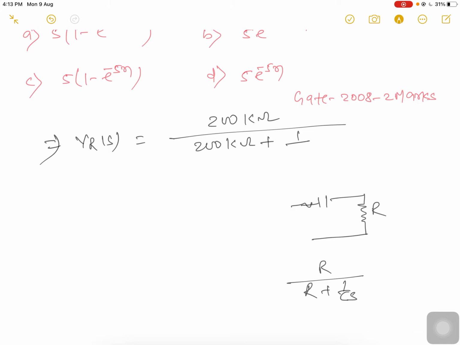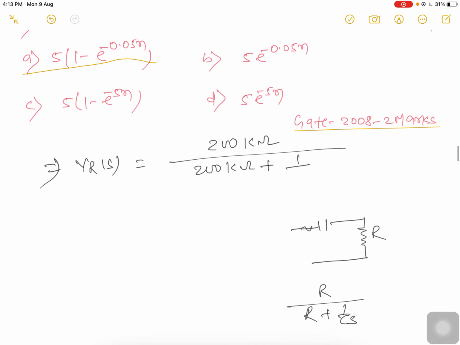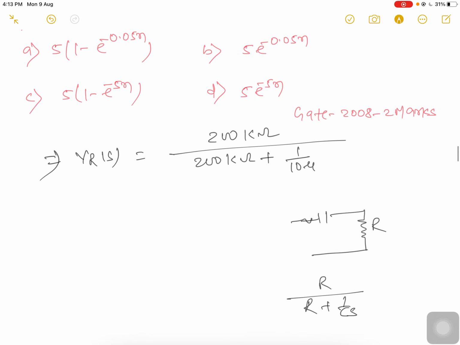So then what will happen, 1 by CS. C, how much is given, C is 10 microfarad, and S.